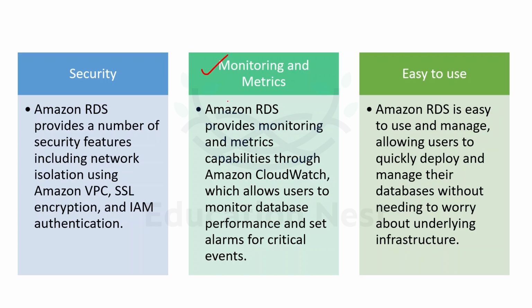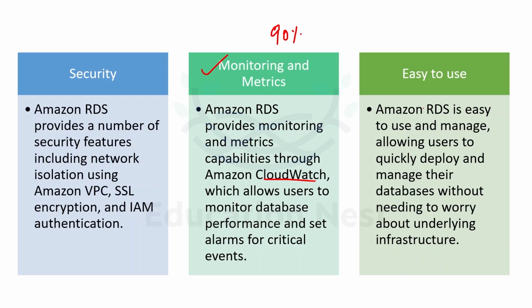So if you think your database is having a high amount of read requests and you want to be notified when the read requests you provisioned are exhausted up to 90%, and you are still getting requests and there are chances of failures, you can monitor that with the capabilities of CloudWatch. What is CloudWatch? We are soon going to discuss it.